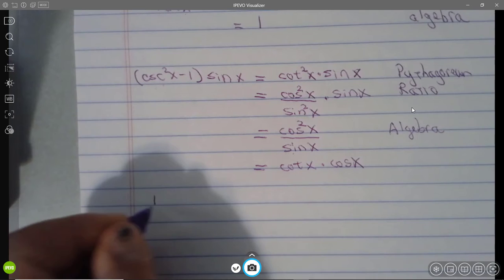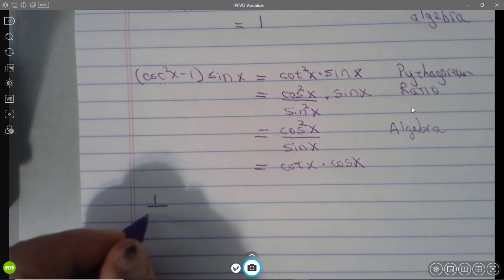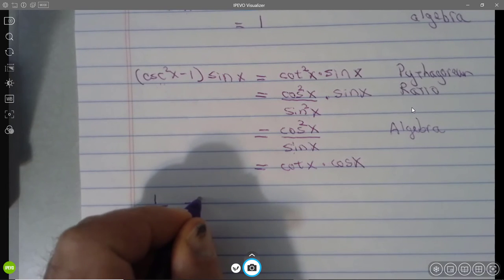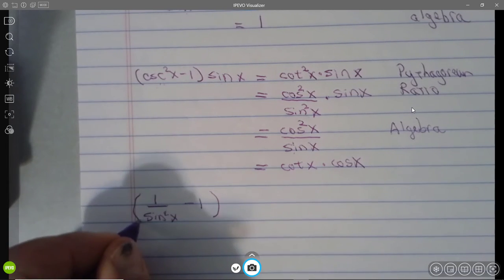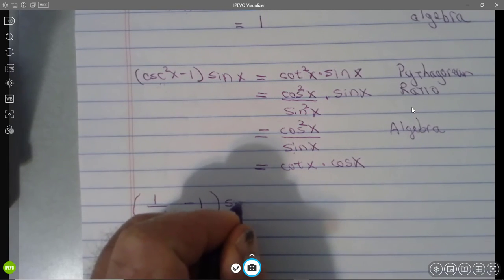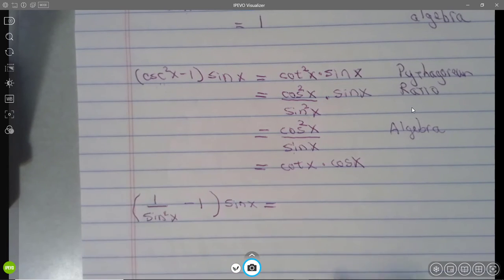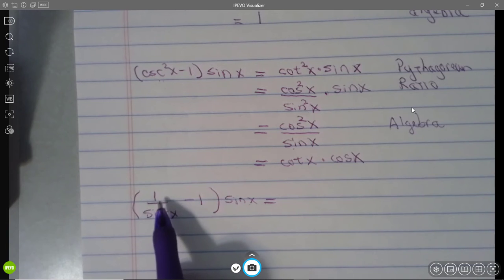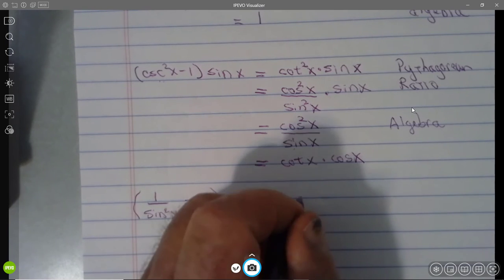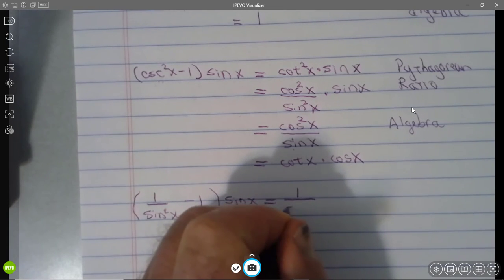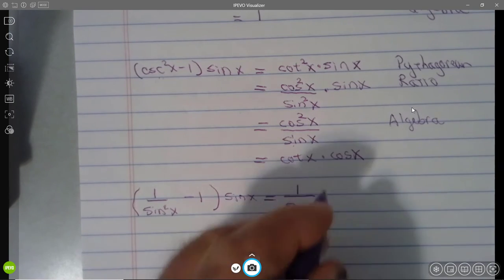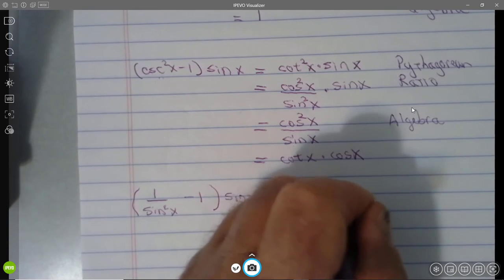So another option is to convert this to 1 over sine squared x, subtract 1, and the whole thing is multiplied by the sine of x. And we're trying to get back to this again. Okay, so if I take sine of x times 1 over sine squared of x, I'll get 1 over sine of x. And sine of x times minus 1 is minus sine of x.